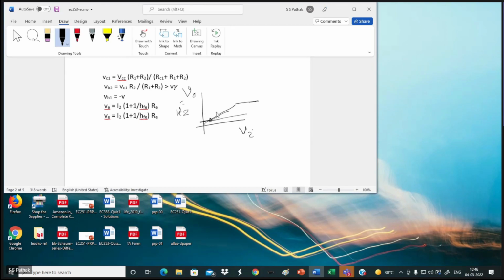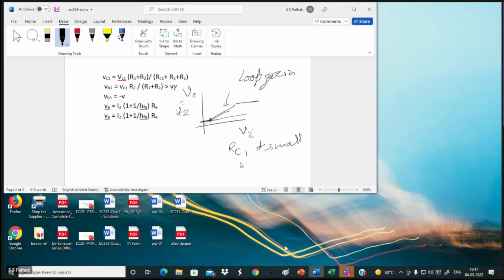How does it come? Now, this is dependent upon the loop gain, the overall gain of the amplifier. So when RC1 is small, first stage amplification becomes small.